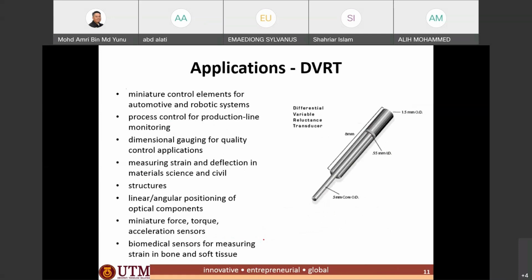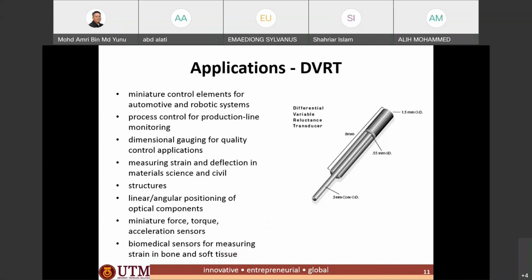where surgeons or doctors during the operation can use DVRT. They use DVRT to poke on the surface of tissue, so they can know the stiffness of the tissue. Healthy tissue has a different response to unhealthy tissue.